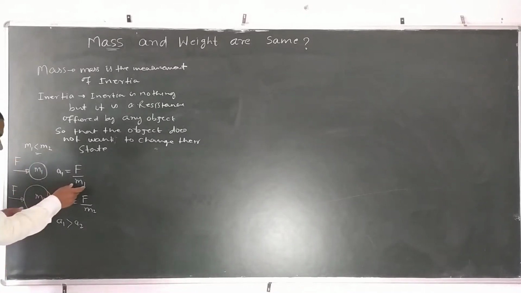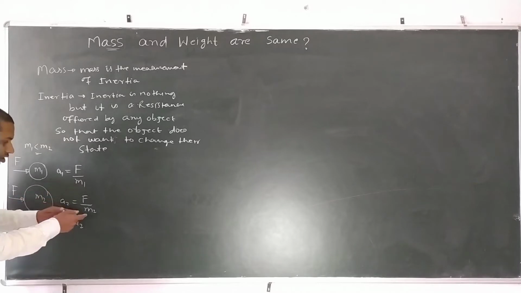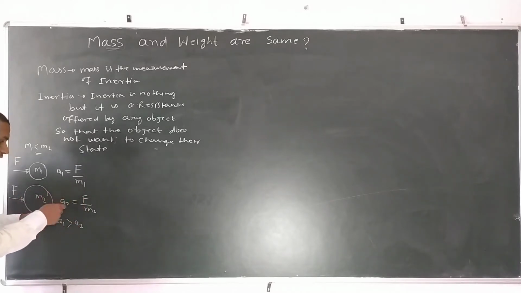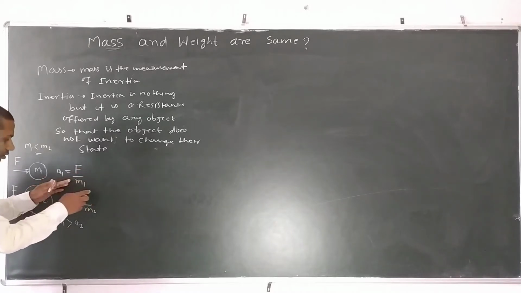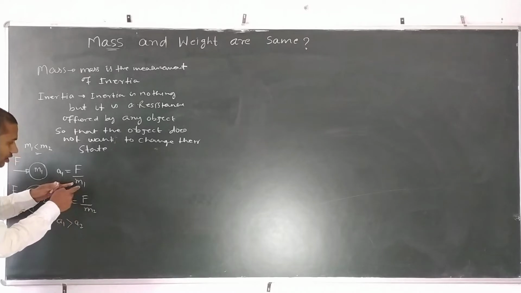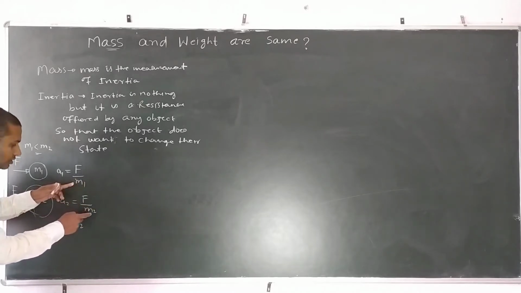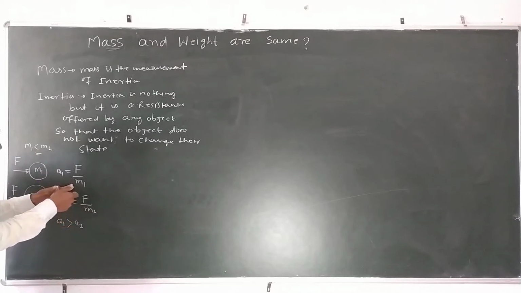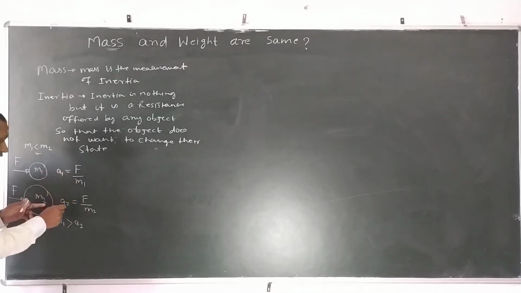As the denominator of the fraction increases, the value of a2 will be less. The numerators are the same, but the denominator m2 is larger in value compared to m1. So the whole fraction, a2, becomes less than a1.